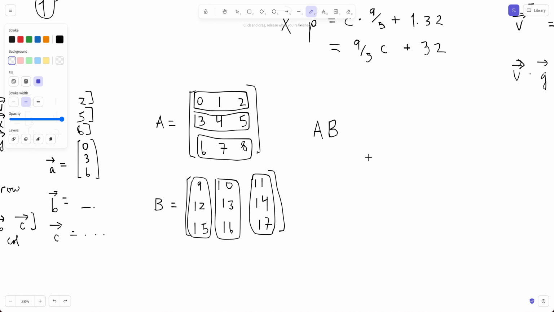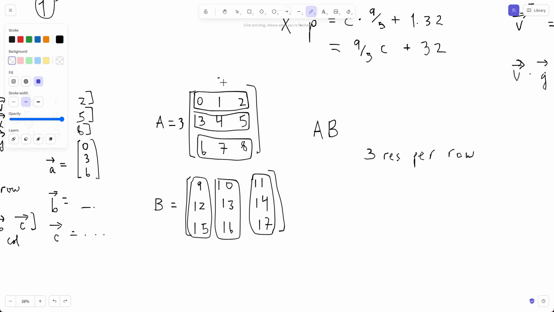That means we would have 3 results per row vector. So for every row vector on the left, we would end up having as many results as there are column vectors on the right.